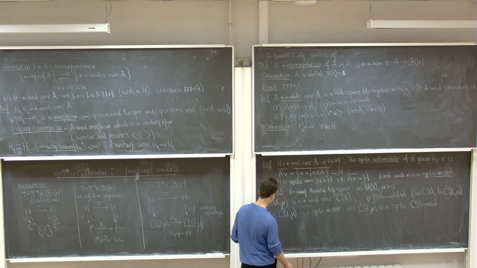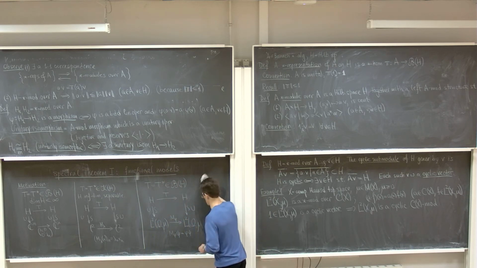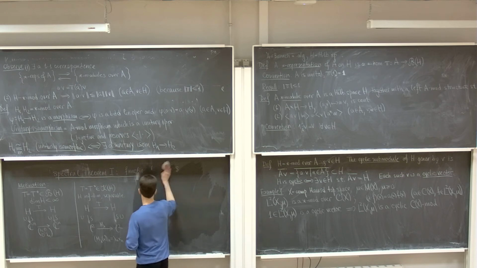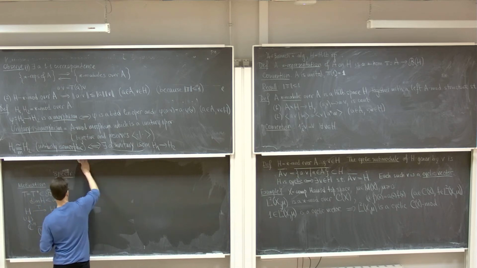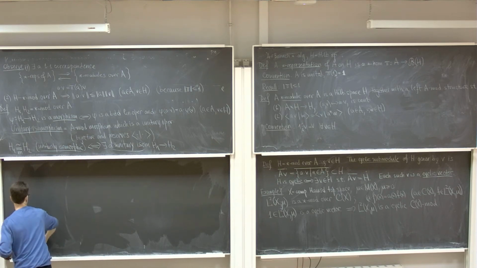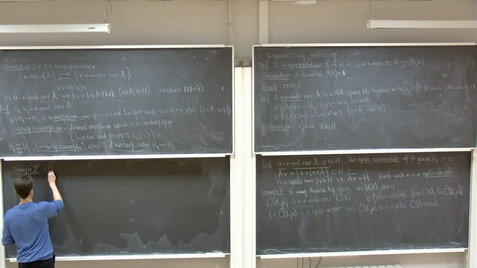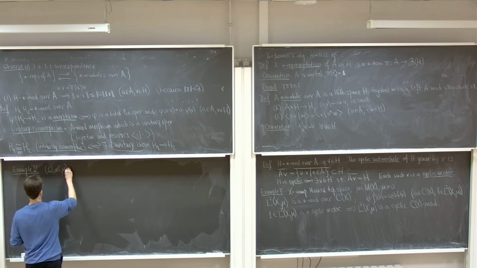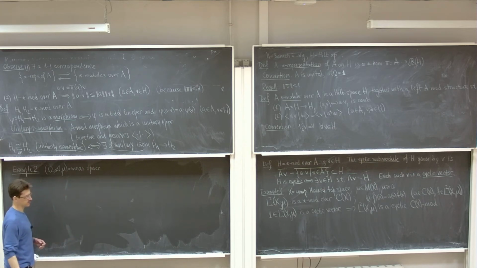Okay, now example 2, which is more general than example 1, but which is not always cyclic. Suppose that we have an arbitrary measure space, omega, mu, not necessarily finite, and actually not necessarily sigma finite, an arbitrary measure space.